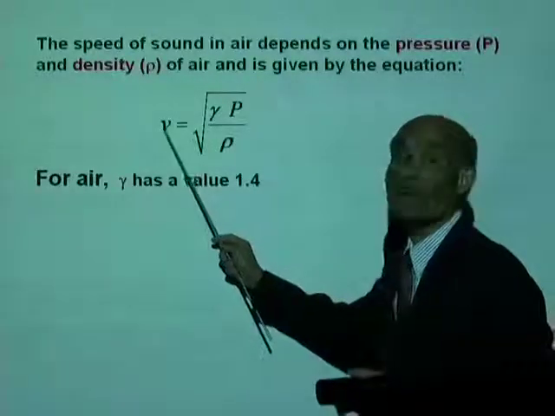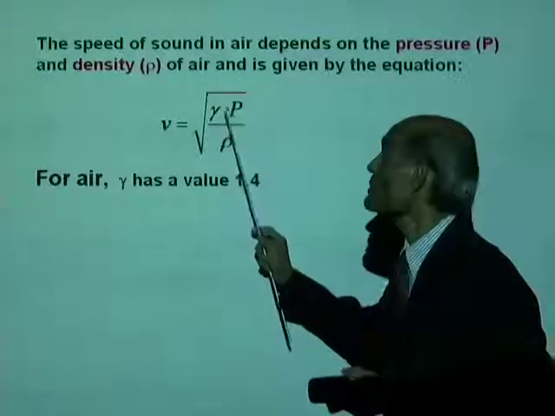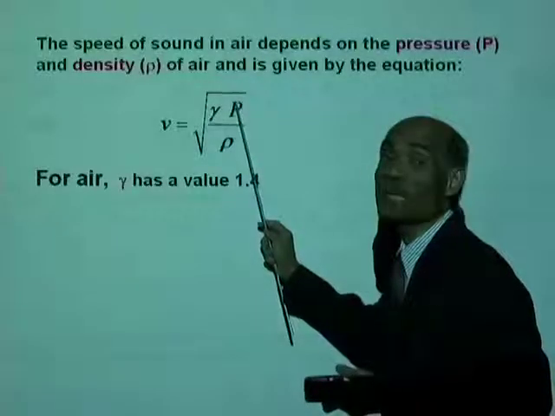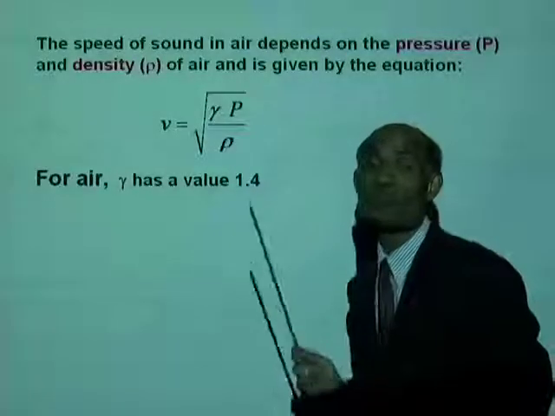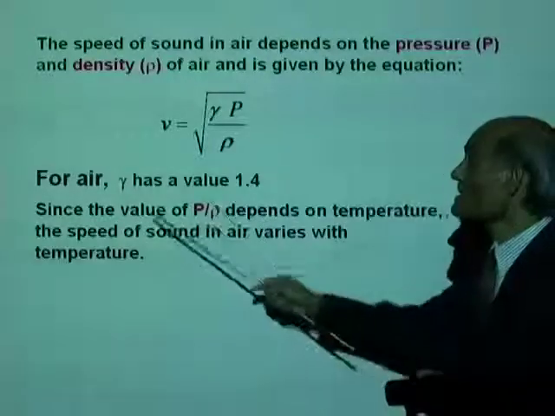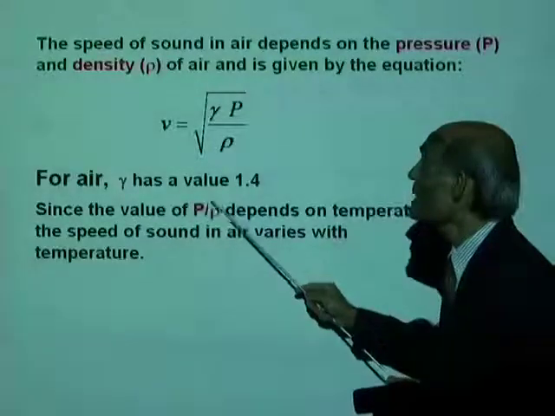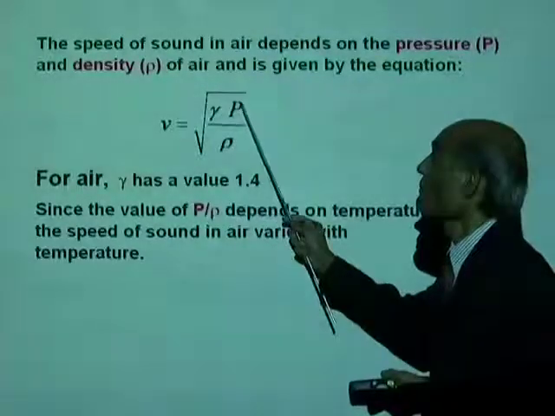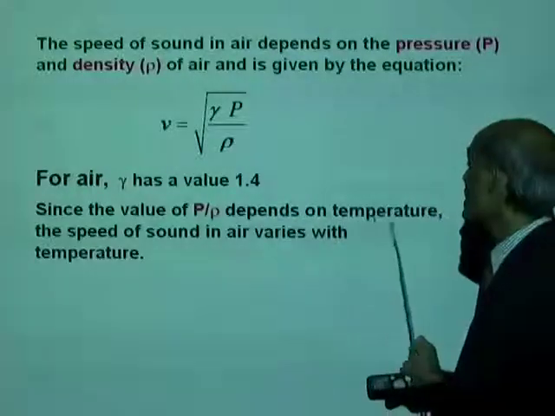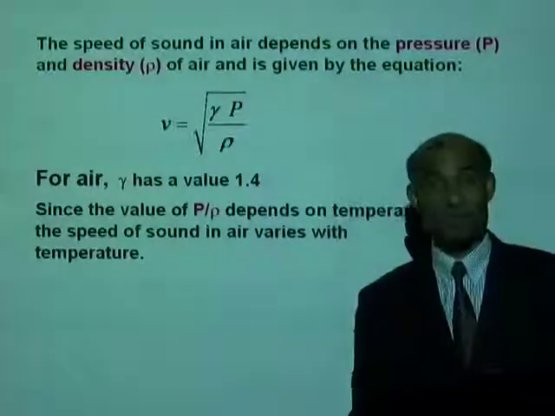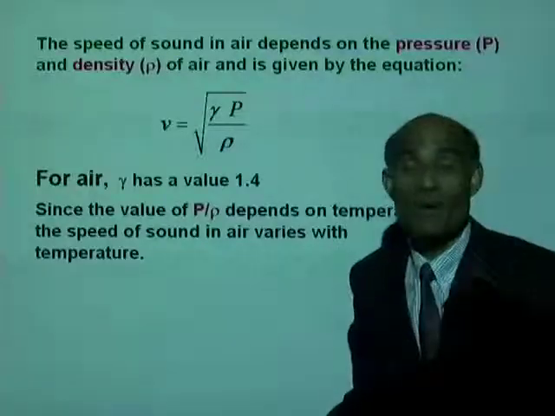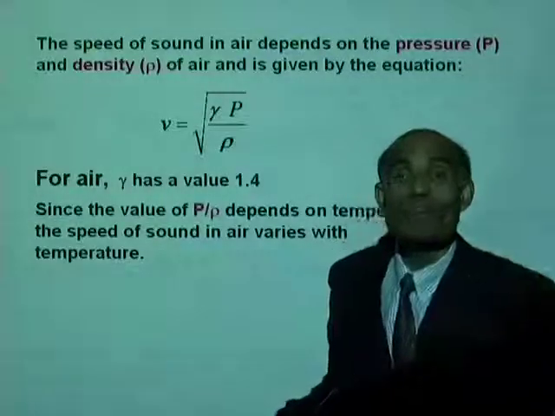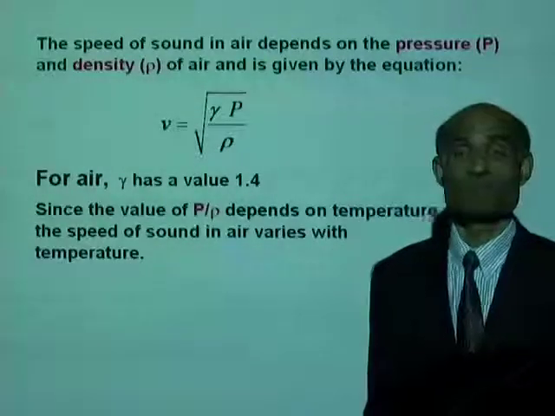So the speed of sound in air is square root of gamma P, the pressure, divided by the density. Since the value of P divided by rho, pressure divided by density, depends on the temperature, the speed of sound in air will vary with temperature.